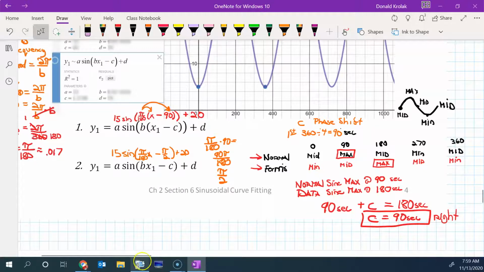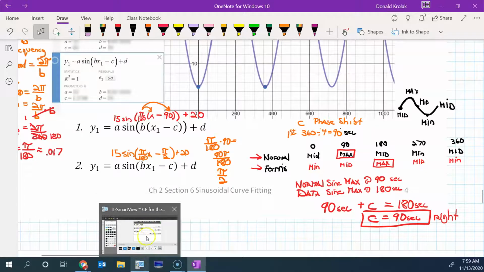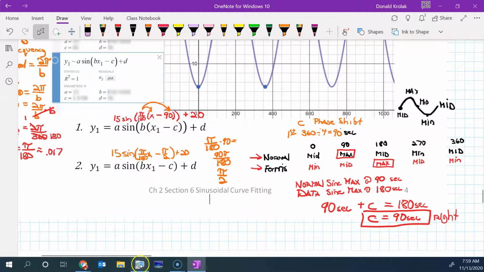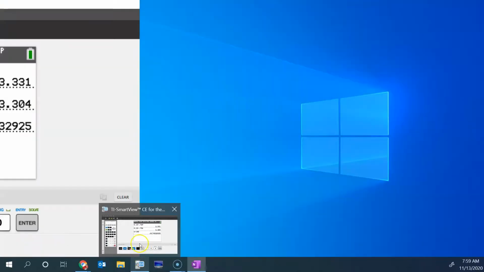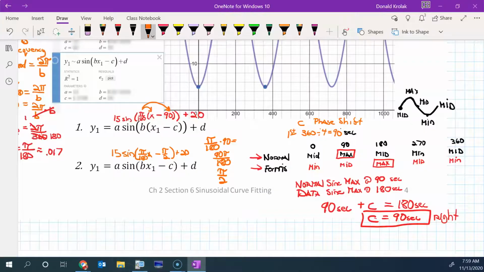Now, when you do it on Desmos, it's not going to be pi over 180 and pi over 2. Those are going to be decimals. So this is going to turn out to be a decimal, 0.017, and this is a decimal, like 1.57.